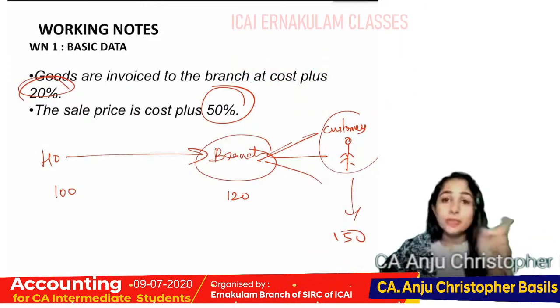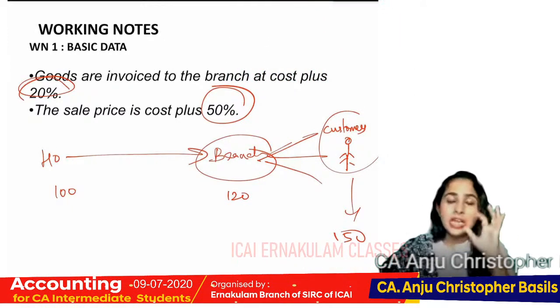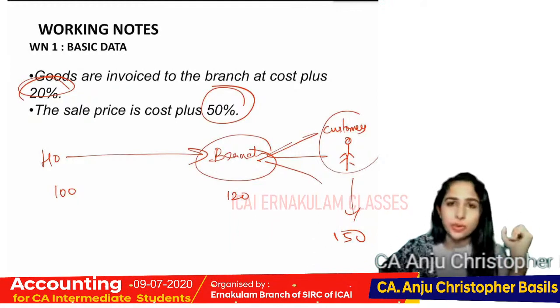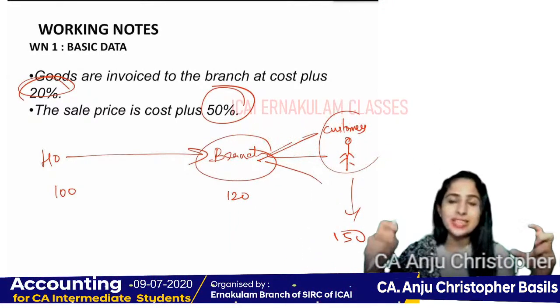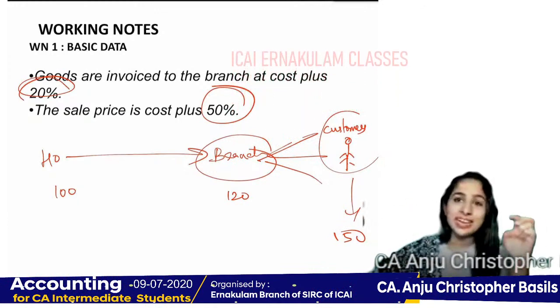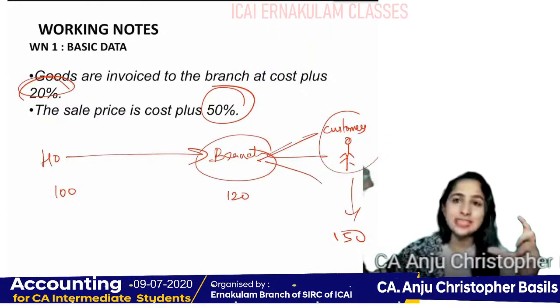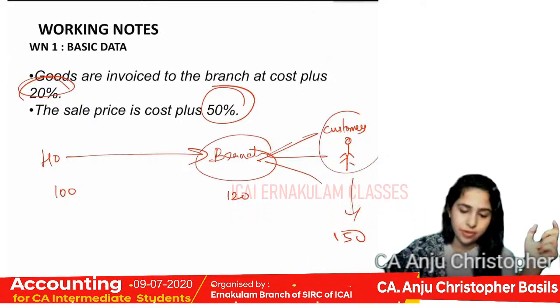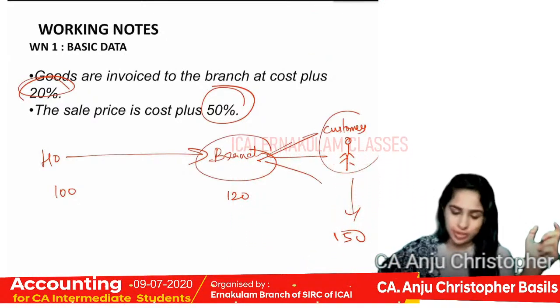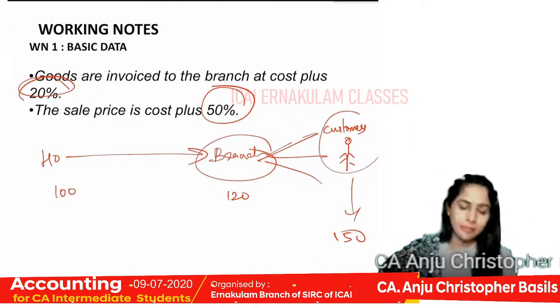It is not on the cost but on the wholesale price. This is the major idea which you have to get over here. From the company, it is sent at 20% on cost. From there, to the final customers, it is on the wholesale price that they are adding 20%. So here it is actually 125. It is 125%.